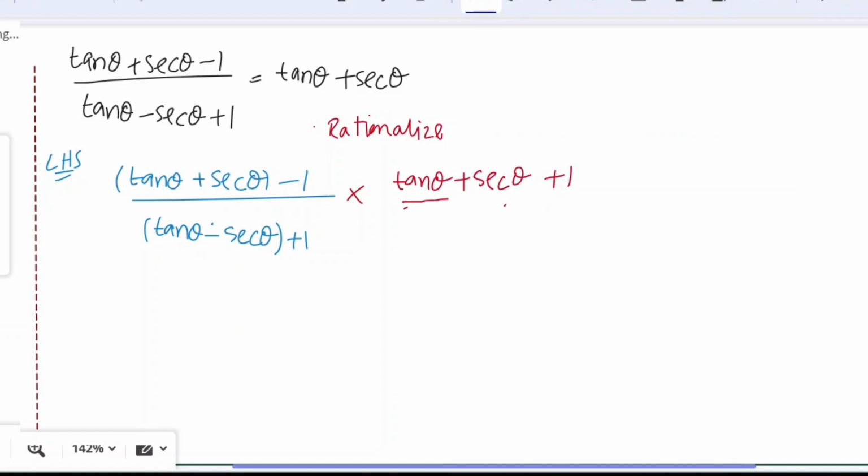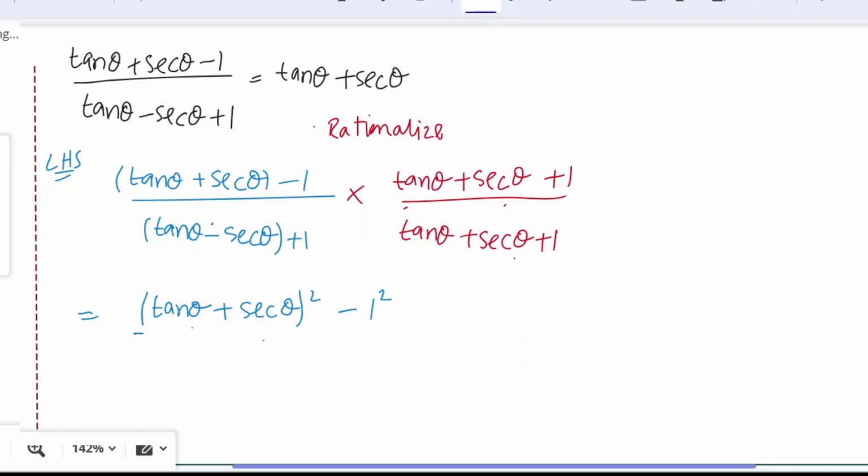To rationalize this, one term will be considered as tan theta plus secant theta, and the second term is considered as 1. So it will be plus 1, multiplied with the numerator and denominator both. In the numerator, one term is tan theta plus secant theta, and the second term is 1, so it will be converted as a square minus b square. Denominator terms will multiply as they are.